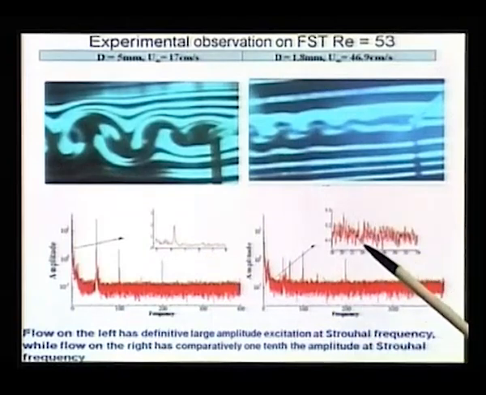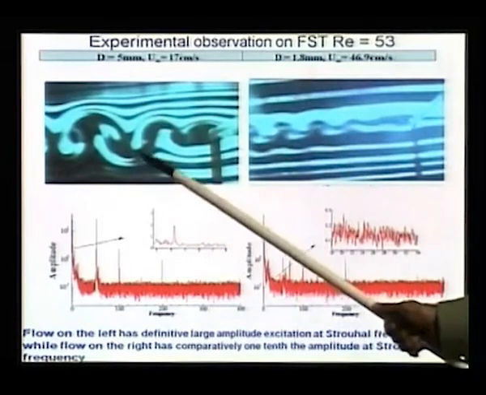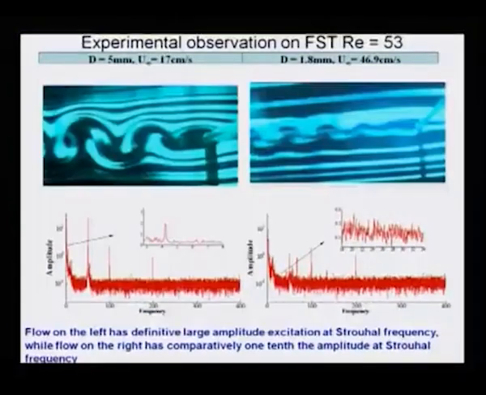That difference of background disturbance is very clearly revealed in the wake pattern of these two flows. In this case, you can see very clearly well defined wake vortices typical of a Karman vortex street, whereas here you see a kind of attached bubble.